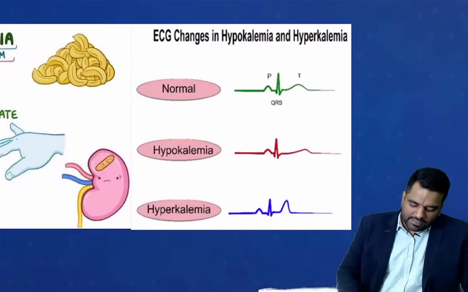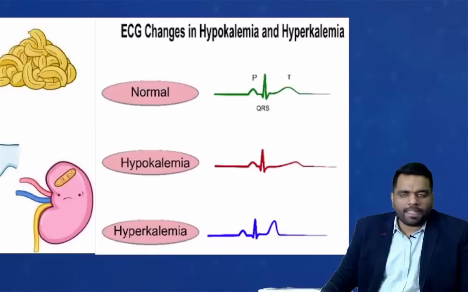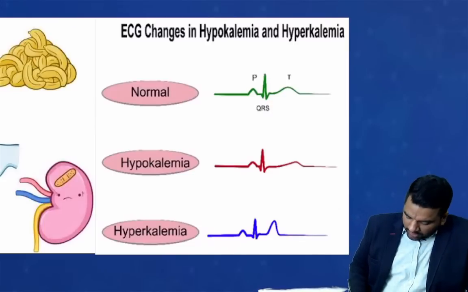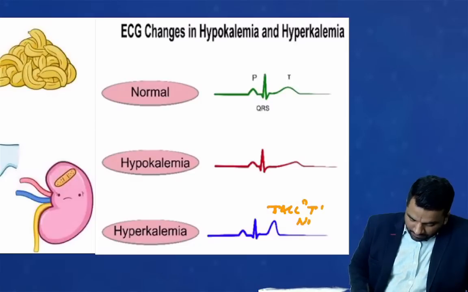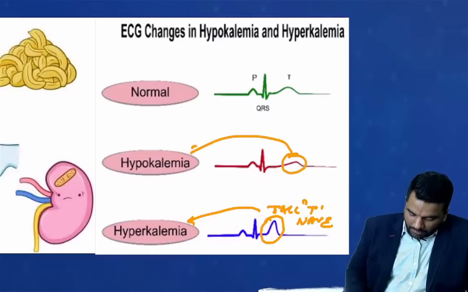What are the changes in the ECG that you can see in hyperkalemia or hypokalemia? So I told you, the tall tented T wave. You can see the tall T wave in hyperkalemia and a depressed T wave in hypokalemia.